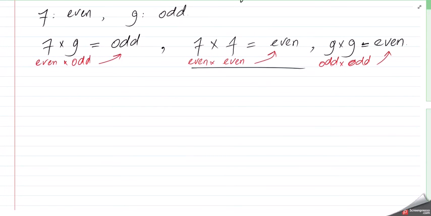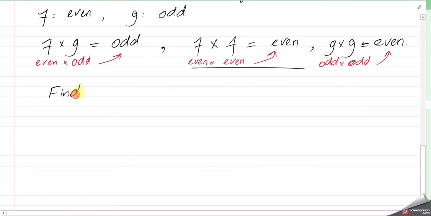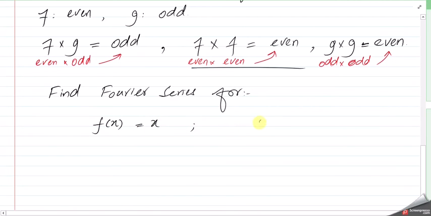Our question is, find the Fourier series for the following function: f of x equals x, where x is between minus 2 and 2.